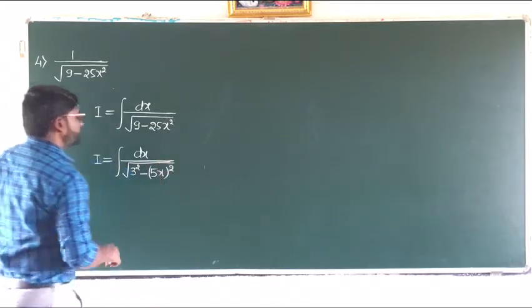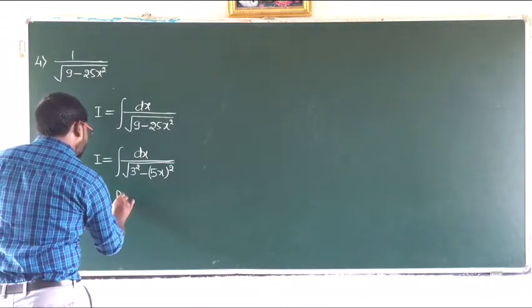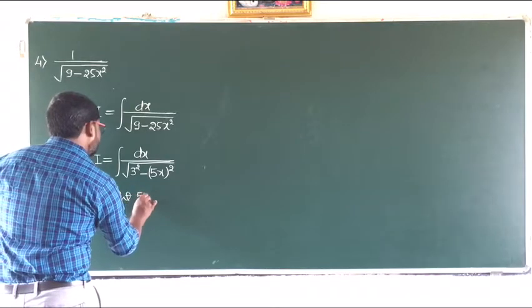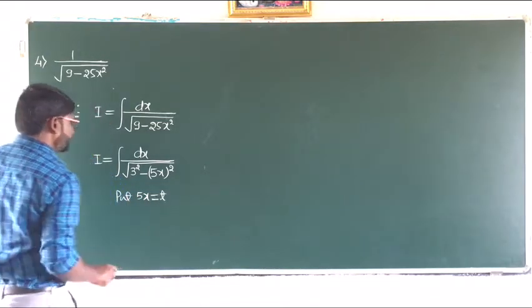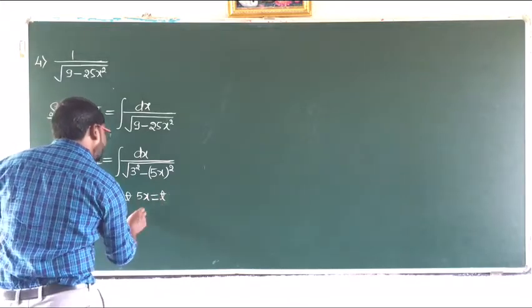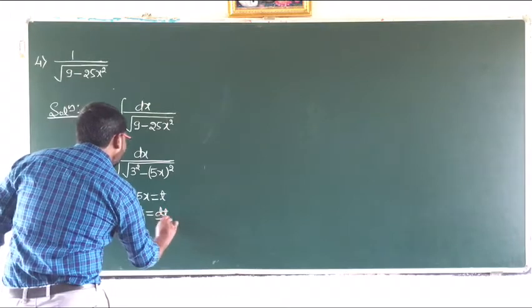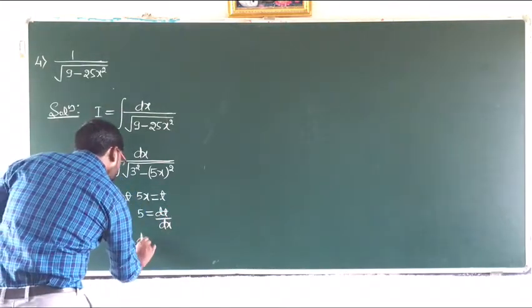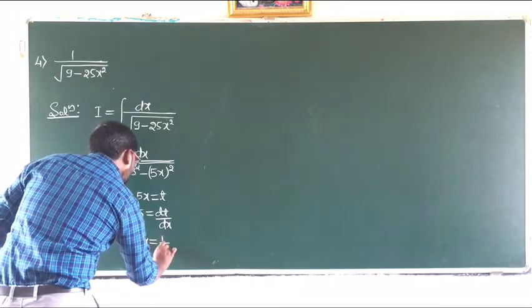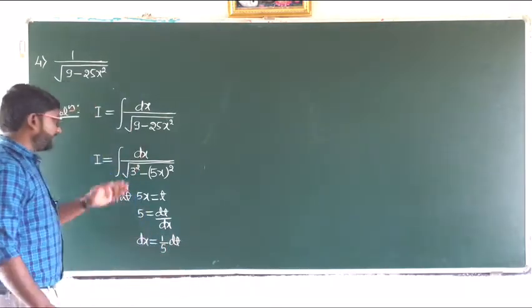So now I go for the substitution. Take 5x equal to t. Differentiate both the sides, we get 5 equals dt by dx, and then take dx to the LHS, dx is equal to 1 by 5 into dt. So rewrite the integral.